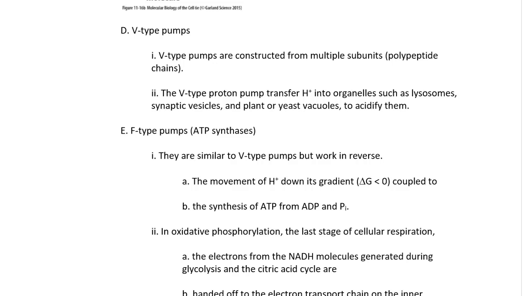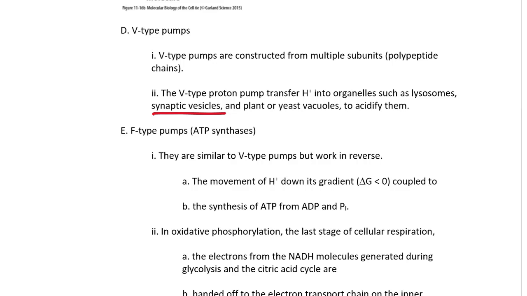V-type pumps are constructed from multiple subunits, polypeptide chains. The V-type protein pump transfers H+ into organelles such as lysosomes, synaptic vesicles, and plant or yeast vacuoles to acidify them. Actually, this little thing right here, you might want to keep track of that because it might come up later.